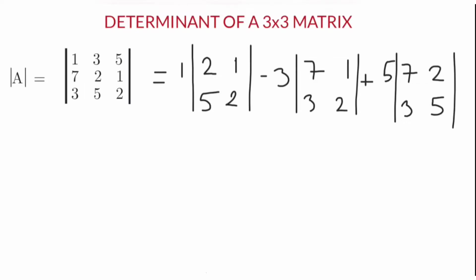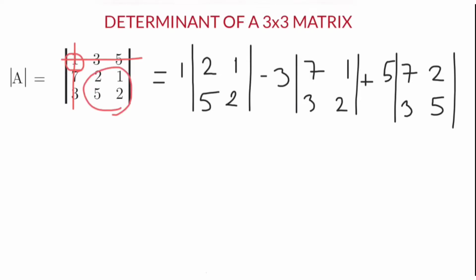So what we did here is this: you can see this 1 here. We took this element and we cancelled out this row and this column, and the elements which remain are 2, 1, 5 and 2.